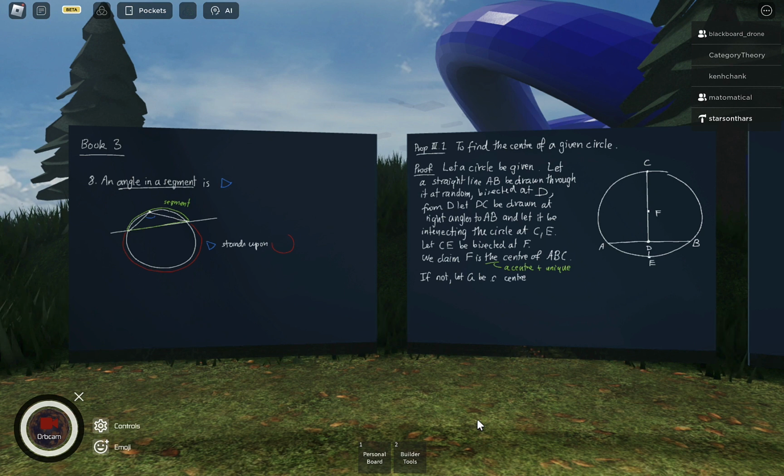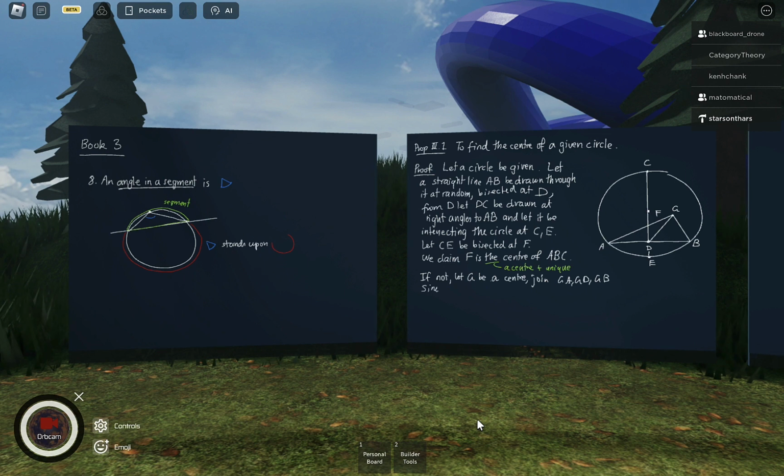So that is to say, suppose that there is another point G which has the property that all points on the circle are equidistant from G. And we're going to join GA, GD, and GB. All right.